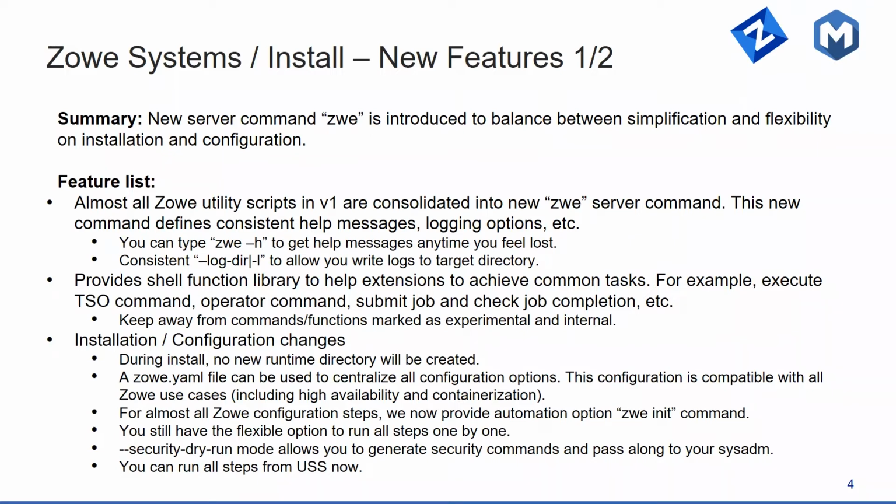Another motivation is we try to solve some of the problems in version one. With Zowe evolving, we added high availability support and containerization support, etc. So we ended up with two ways to configure Zowe. Originally, we had an instance.env using environment variables, and with high availability, we introduced a new configuration called zowe.yaml.